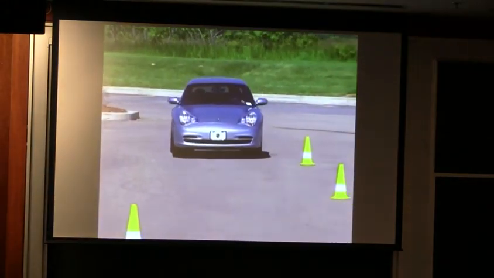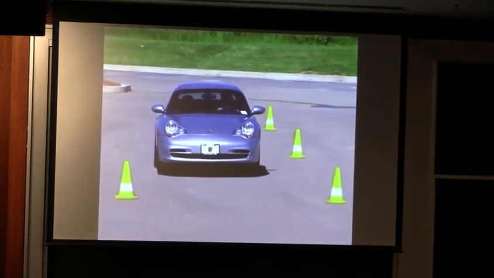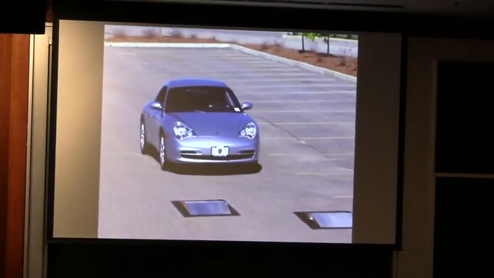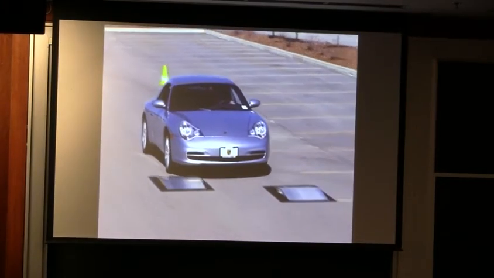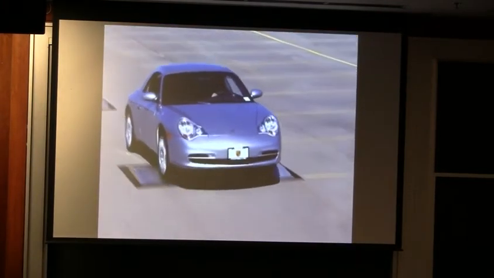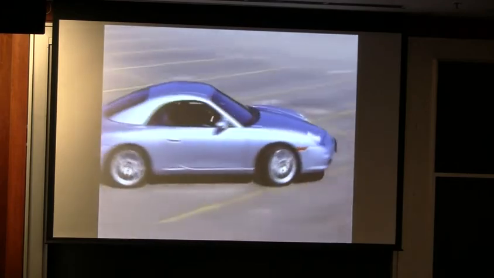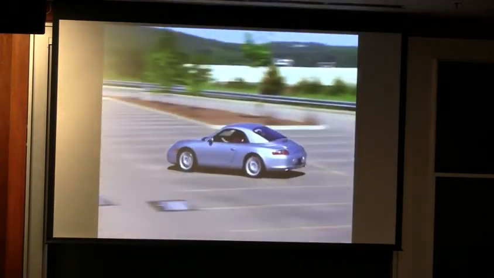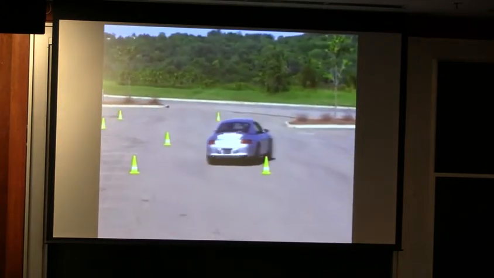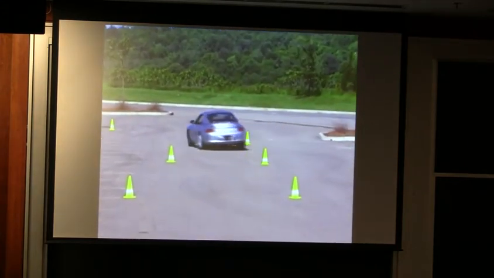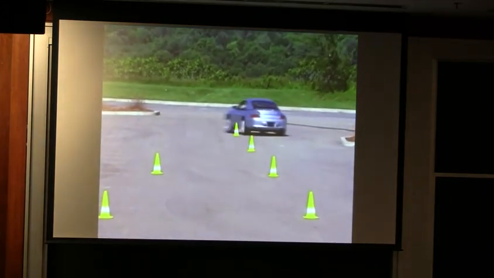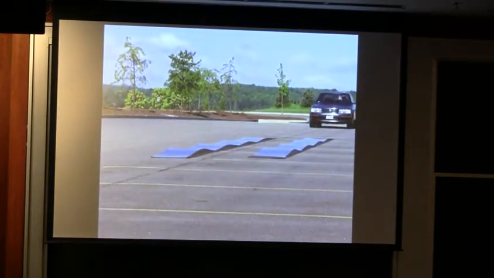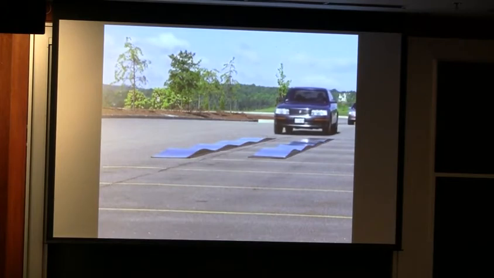Now, we'll drive a sports car through the same course. Next, we'll take the vehicles over a bump course. First, the unmodified luxury sedan.